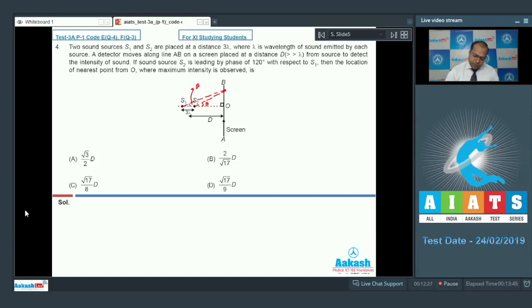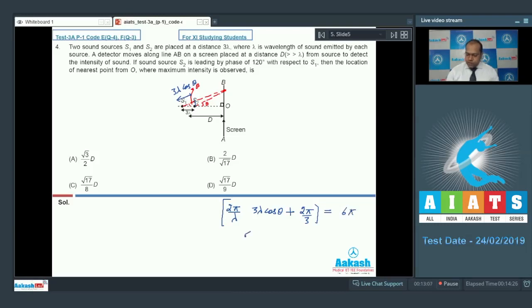If I take the projection of this 3 lambda on this line, then this is 3 lambda into cos theta. The phase difference due to this path difference, I can write 2 pi by lambda into 3 lambda cos theta, and since S2 is ahead by 120 degrees, I can add 2 pi by 3. So this must be equal to 6 pi.